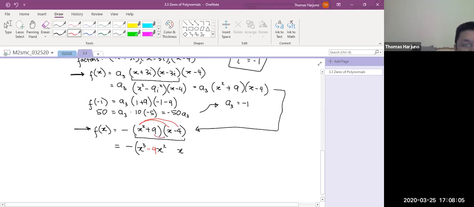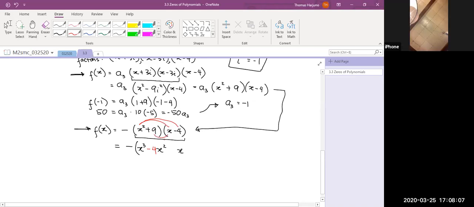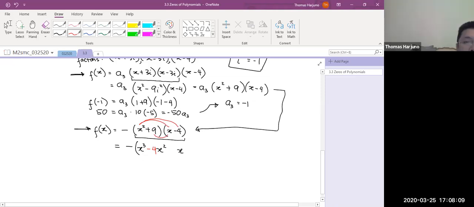It's only this one, so I will get plus 9x. And finally, the constant will be negative 36. That gives us negative x cubed plus 4x squared minus 9x plus 36.